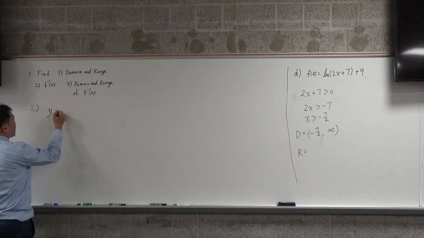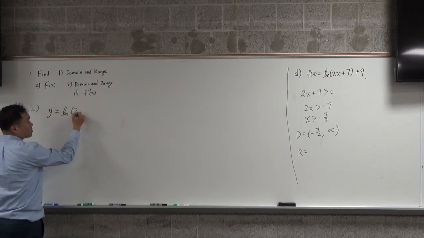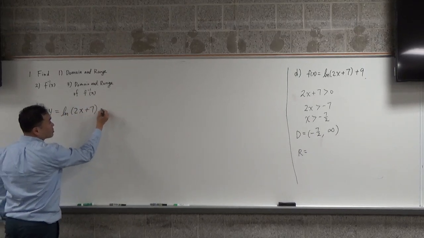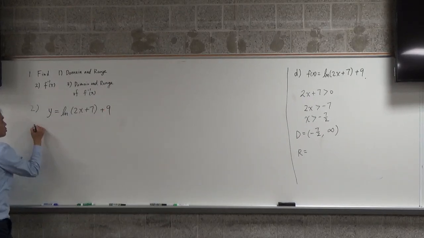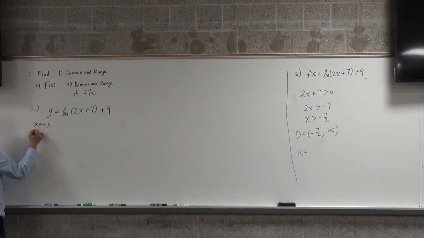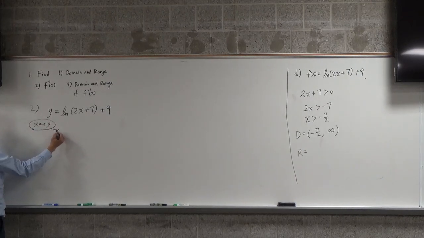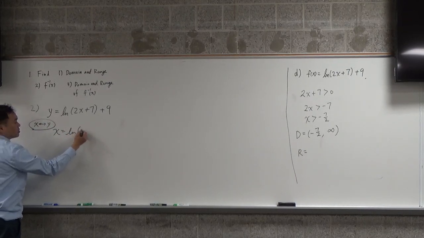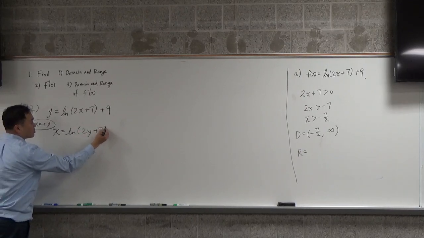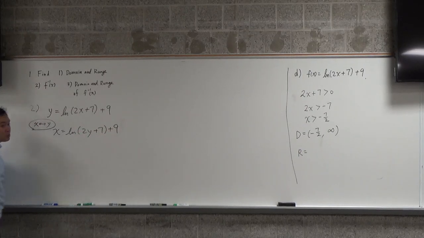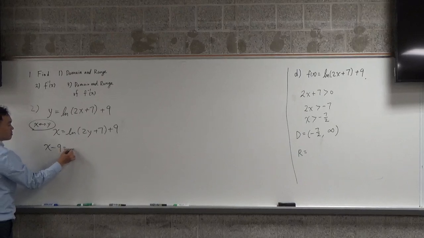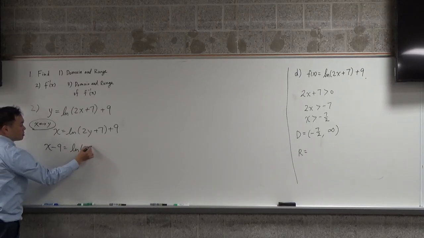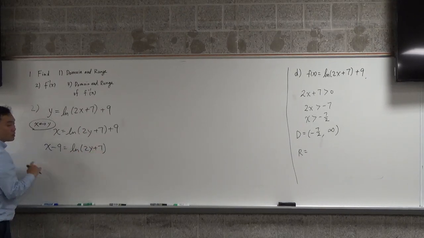So y equals ln(2x plus 7) plus 9. Switch x and y. That gives you x equals ln(2y plus 7) plus 9, and you have to solve for y. Okay, so subtract 9. Okay, what's the next step?